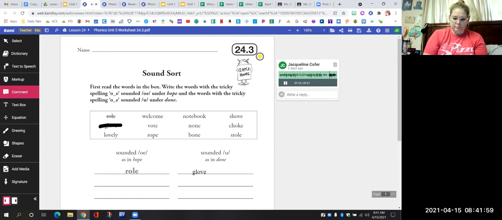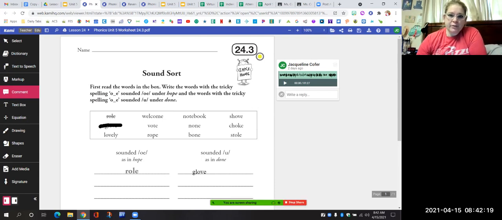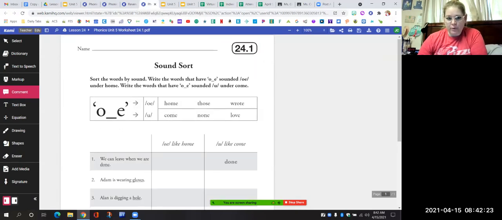All right, so that's what you're going to do with the rest of the words in the box. You're going to read them and decide, does it say O or not. Okay, so that is how you're going to do worksheet 24.3. And again, it's very similar to 24.1.